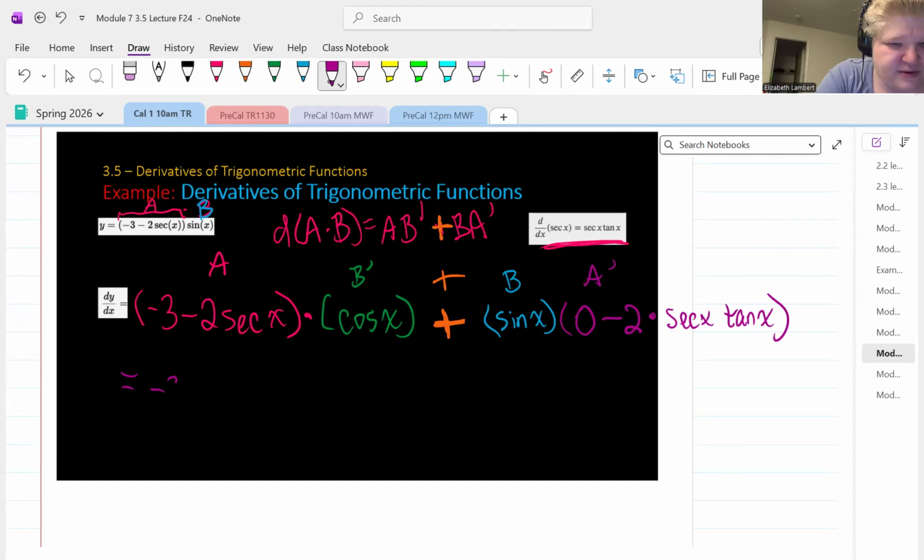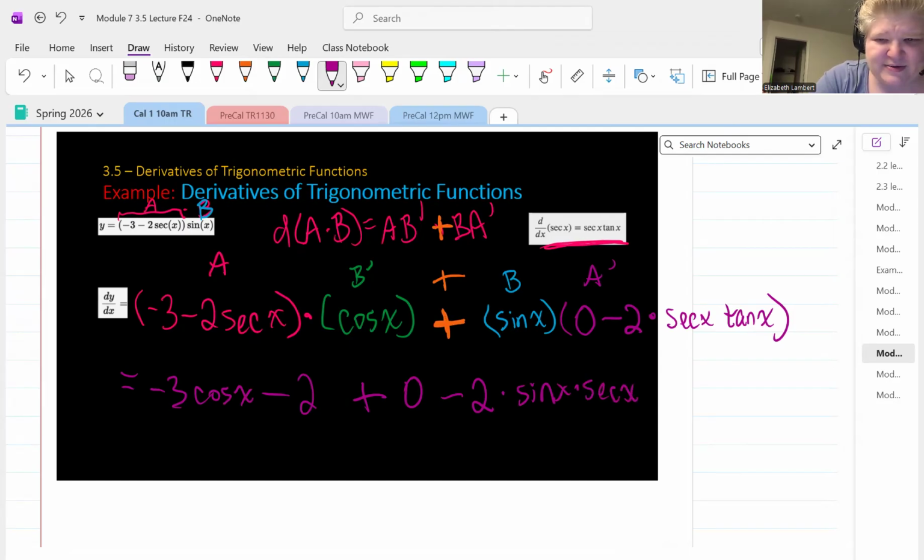So we'll have -3 cosine x, and then secant x times cosine x is 1, so it's just -2, plus, now sine x times 0 would be 0, so I'm not going to write that, but it'll be plus 0, so I'll write the 0 as a placeholder, and then -2 times sine x times secant x times tangent x.